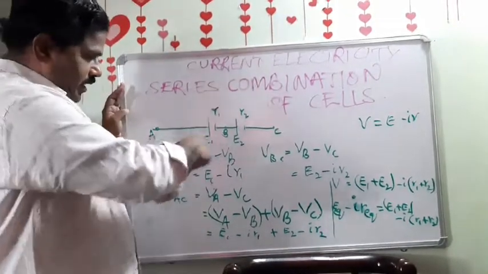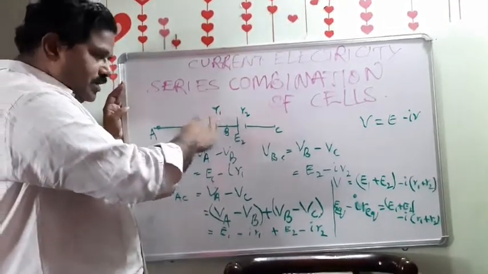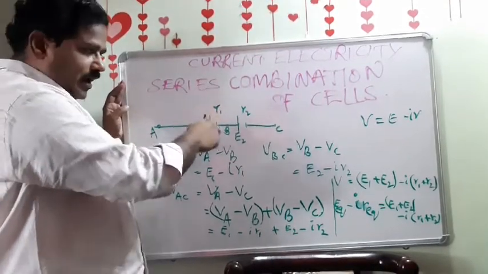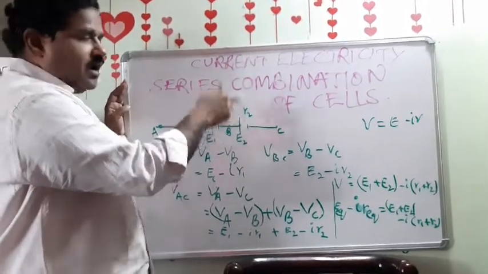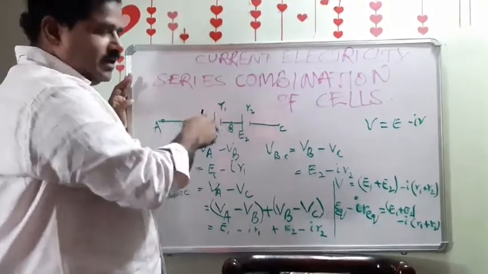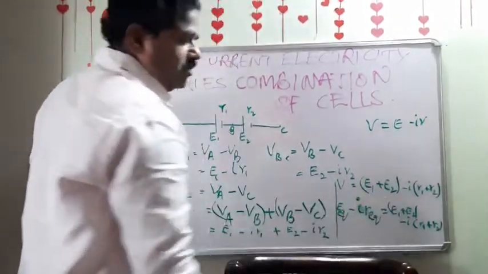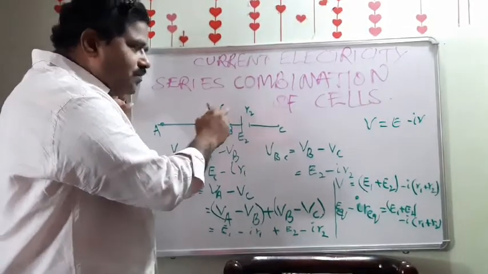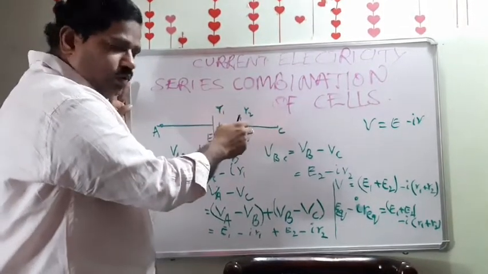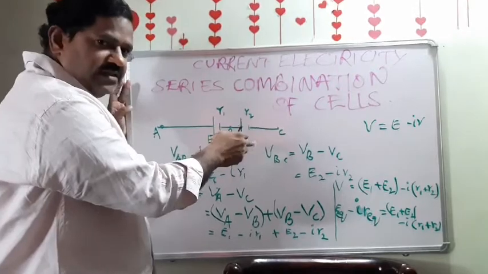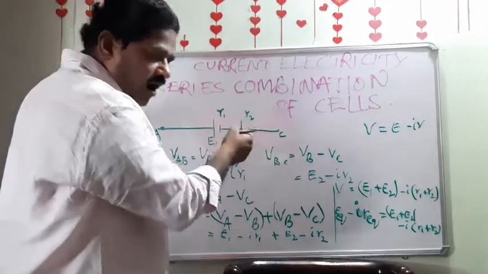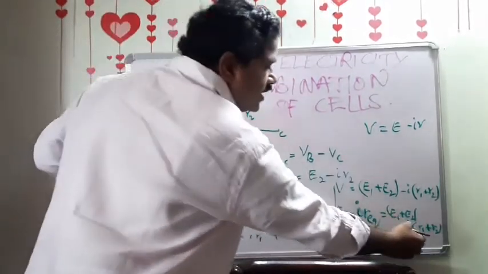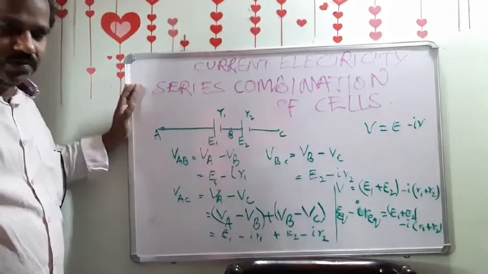This means the series combination of these two cells causes a net EMF equal to E1 plus E2. And the two internal resistances R1, R2, when the cells are connected in series, cause a net internal resistance of R1 plus R2.